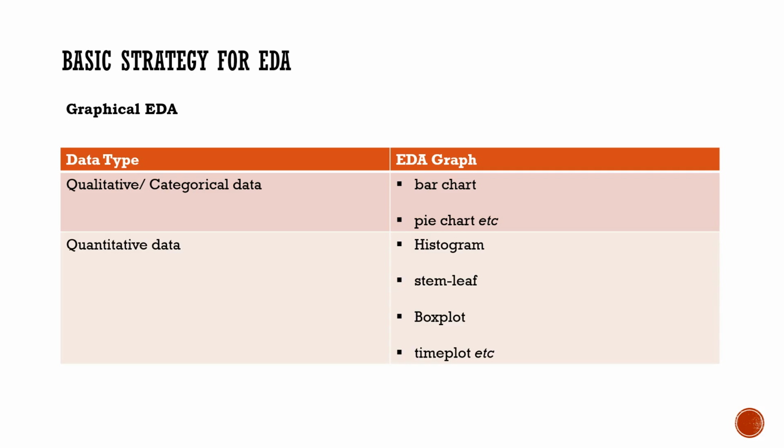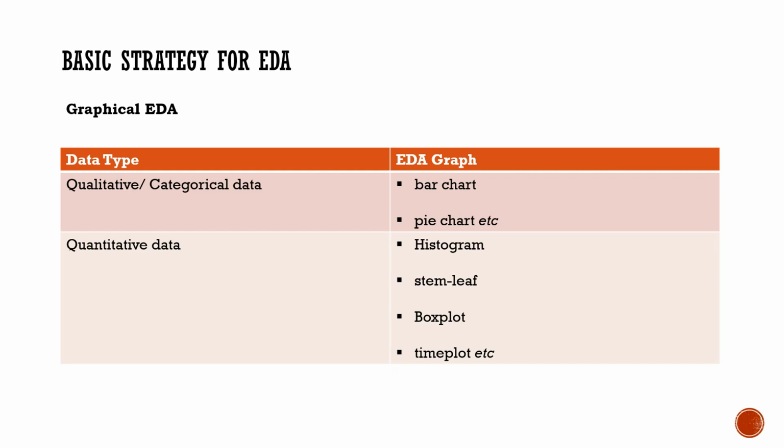EDA is important because it gives you an understanding and a preview of the data that you have: how big it is, how complex the data is, and any missing values that you might want to work around before you feed it into your machine learning model. Because remember, the machine learning model is only as good as your data. If you have the wrong type of data, the model's performance is going to be very poor.